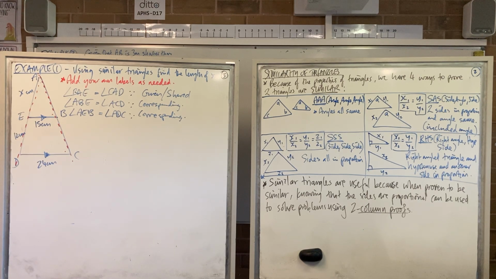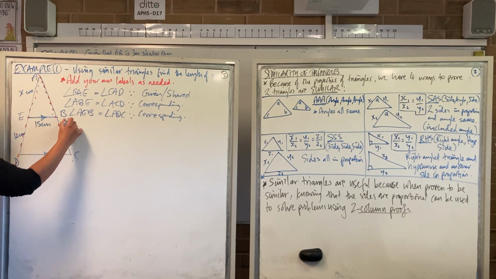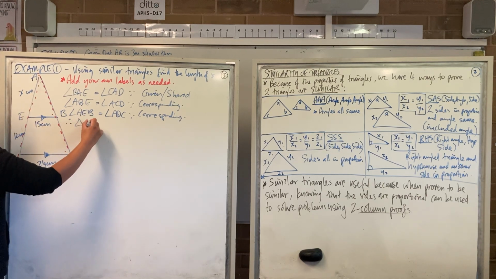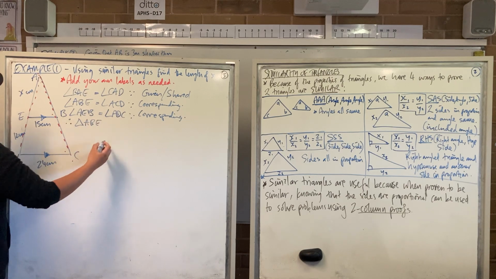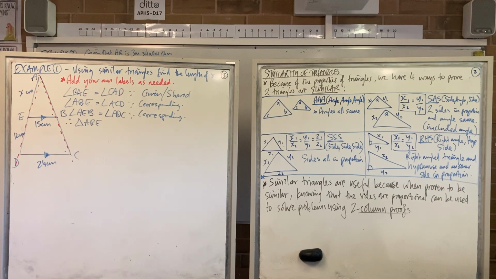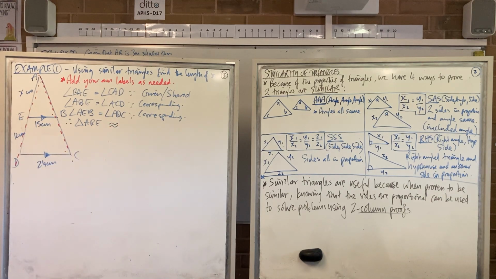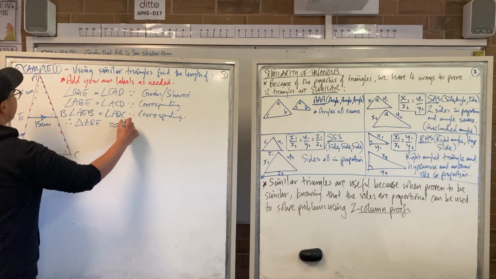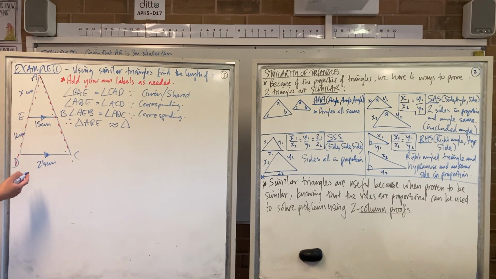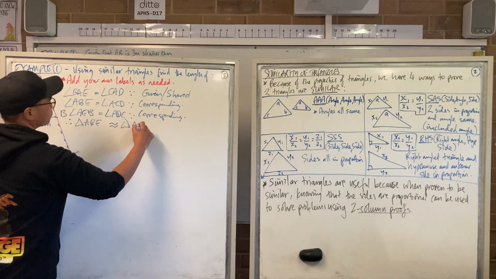Multiple ways to prove that. Now that I've shown this, what can I say about the triangles? Therefore triangle ABE is similar, how do you write similar? It's a wiggly equal sign, to triangle ACD.